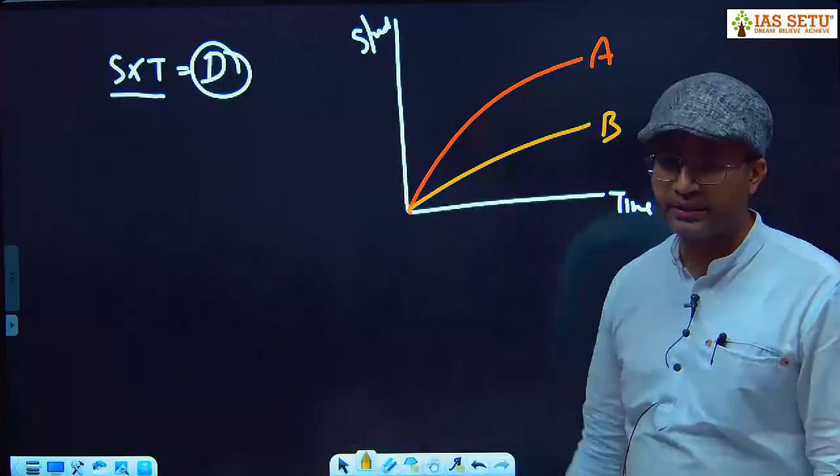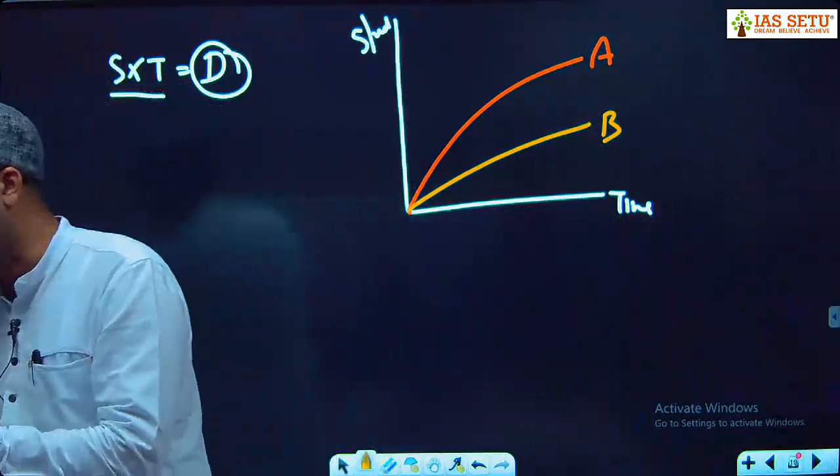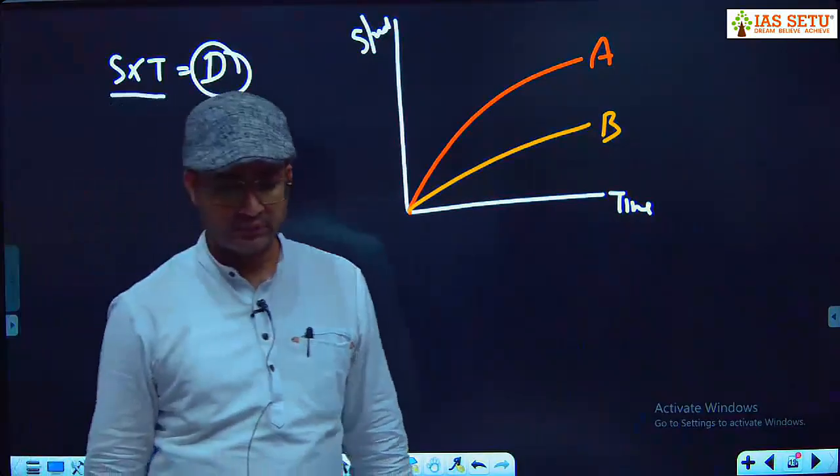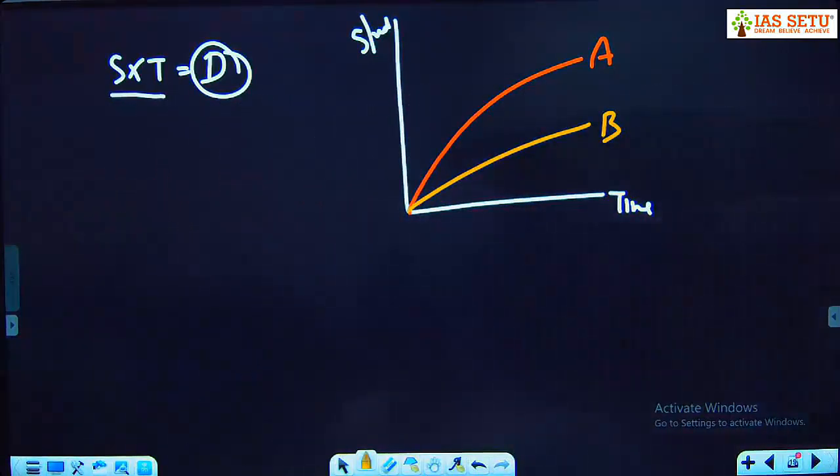Because the concept is, लिख लो, in a speed time graph, area under the graph represent distance covered.